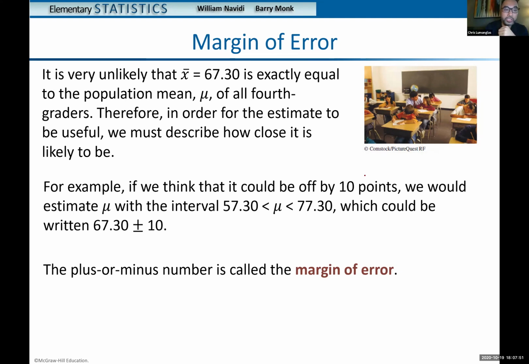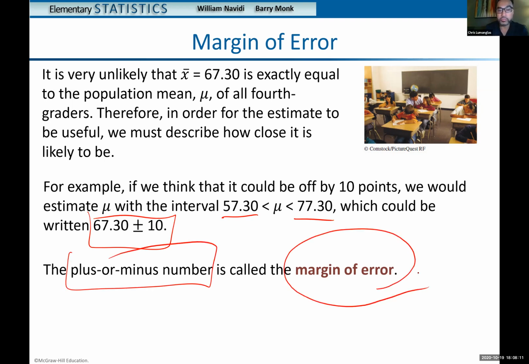So possibility, 67.30 plus or minus 10. So when you subtract, 67.30 minus 10 is 57.3. And 67.3 plus 10 is 77.3. So when we do this, the plus or minus a number, that is what you call the margin of error.